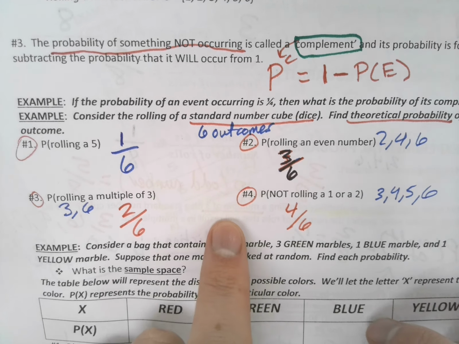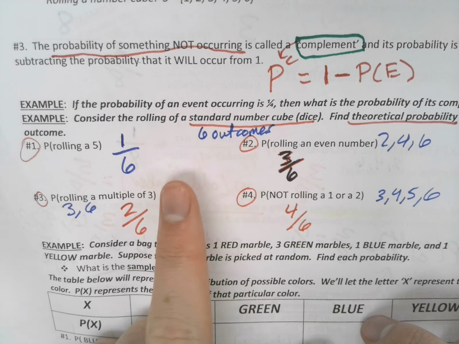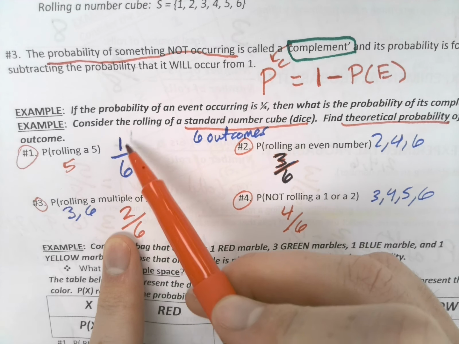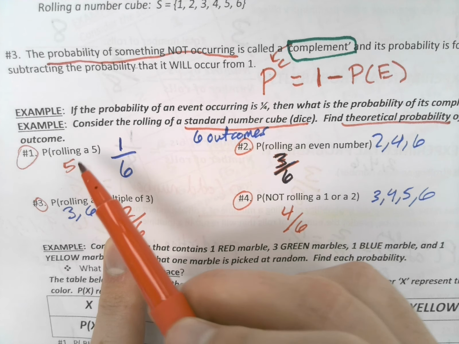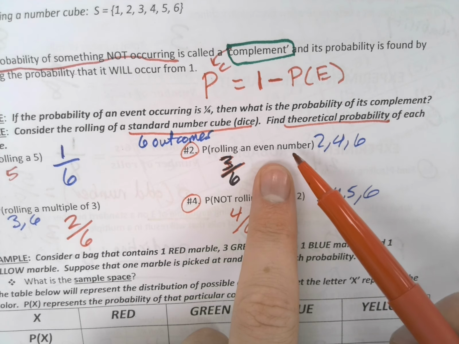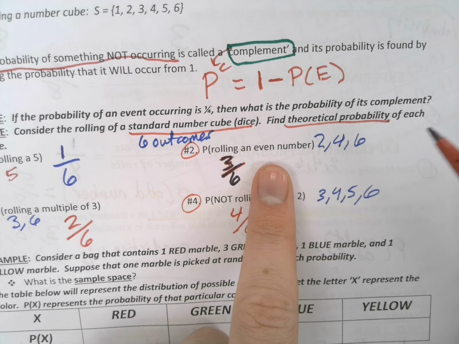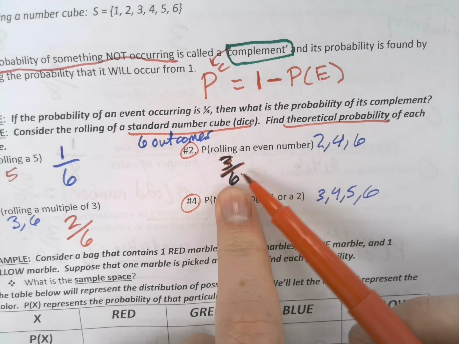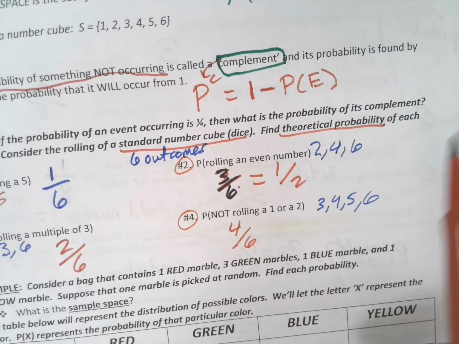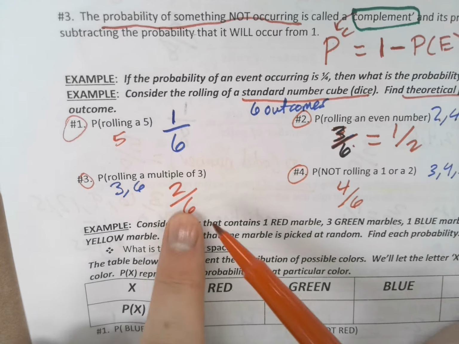Okay, check out what I did here, guys. I said that when we roll a 5, 5 is the outcome we're looking for. That's a 1 event outcome. So 1 out of 6. But then you get to these others, rolling an even number. Well, 2, 4, and 6 all meet that category. That's 3 out of the 6 options. We know that reduces down to 1/2. Similar thing for number 3.